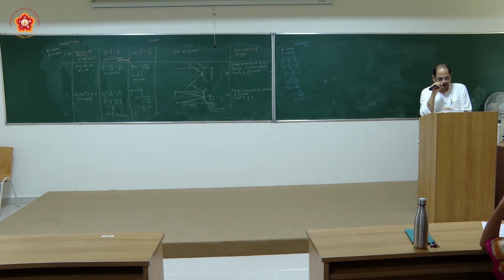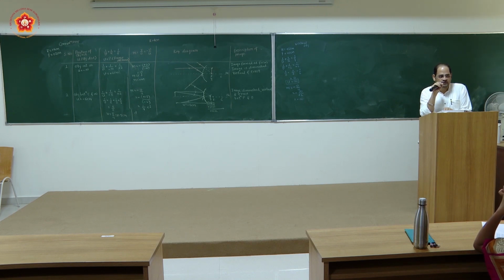Third point, under the same condition, if the size of image is larger than object, the mirror is, so all of you are aware that where will be the position of object in case of concave mirror?